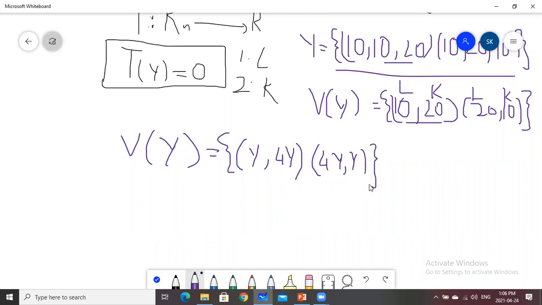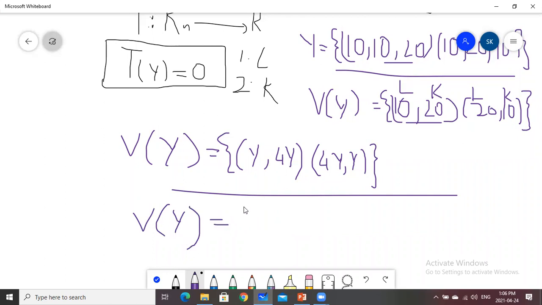The equation shows that there are 2 subsets and 2 possible production functions. If we simplify it, the input requirements of the production functions will easily become V of Y is equal to A, one input combination, and B, the other input combination.